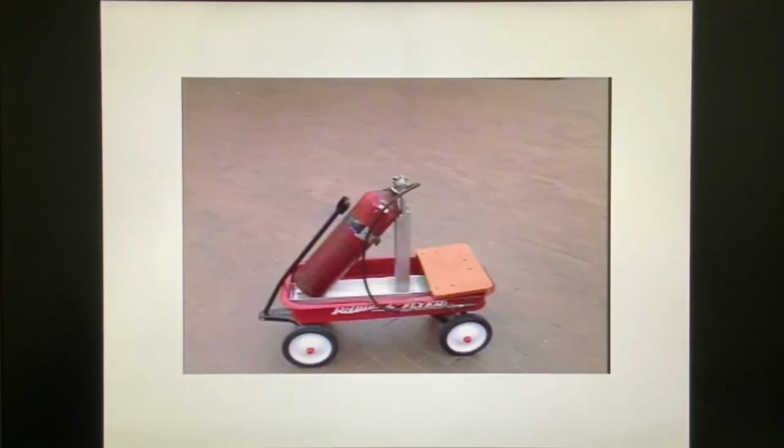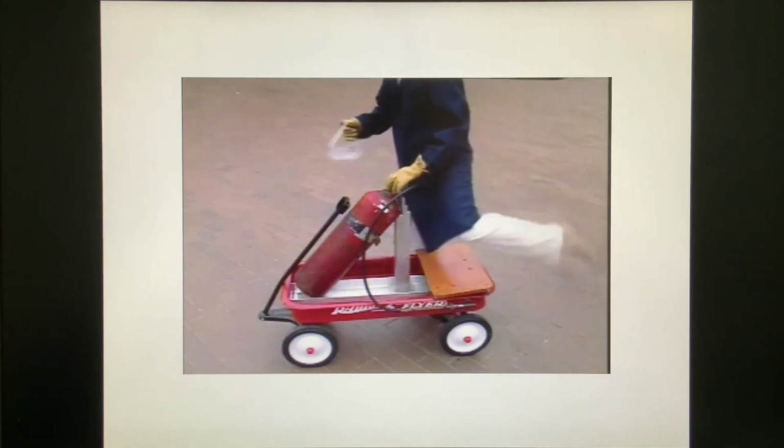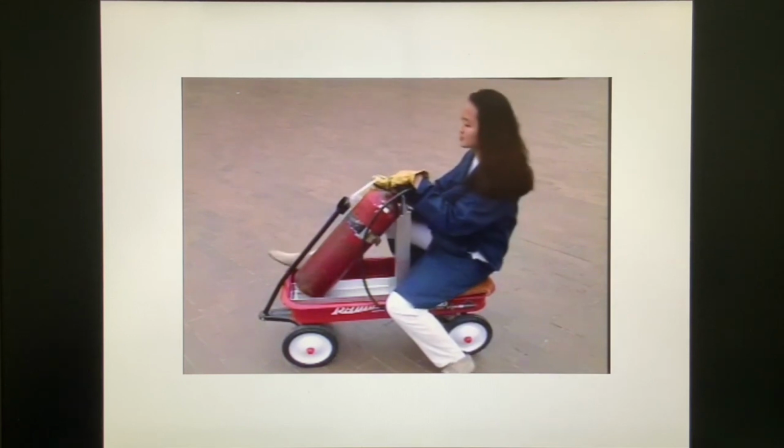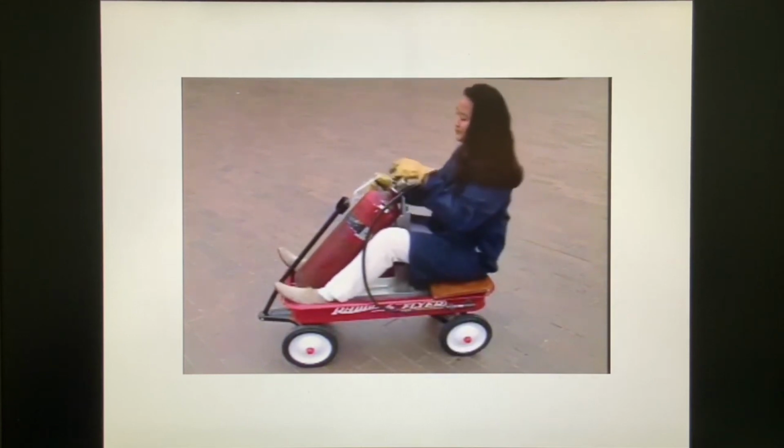The spray from a carbon dioxide fire extinguisher looks a lot like the exhaust of a rocket. And like a real rocket exhaust, the escaping CO2 can accelerate a large mass.